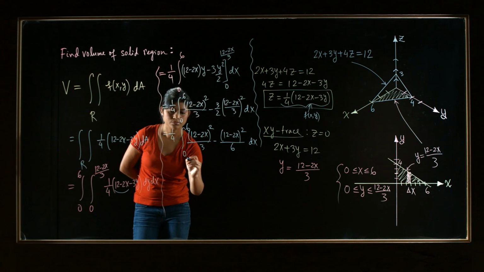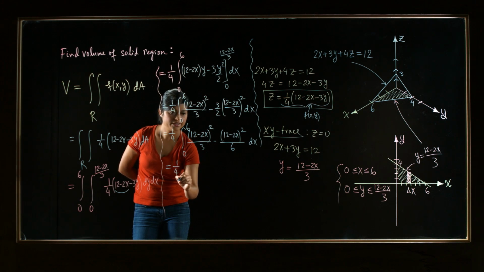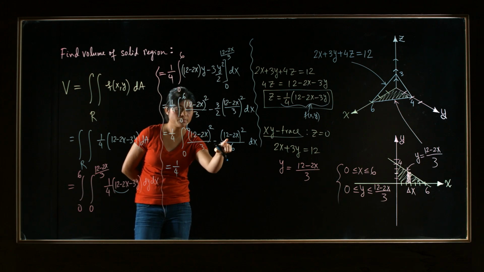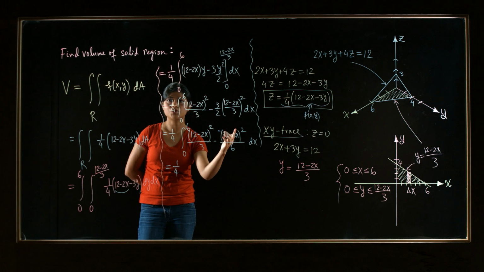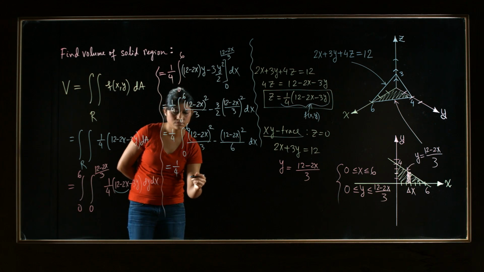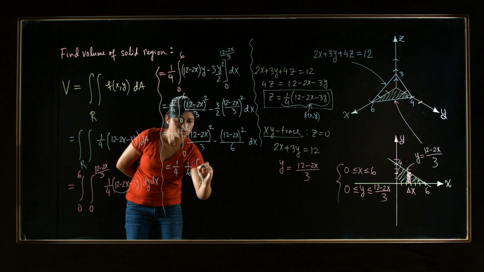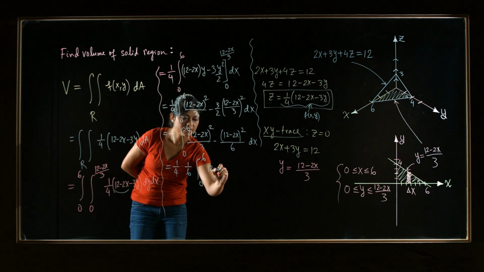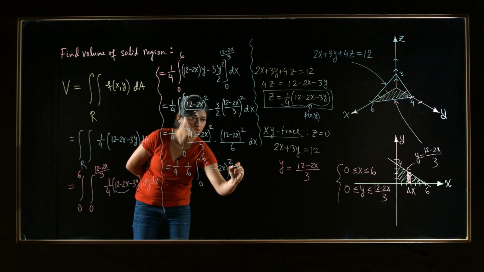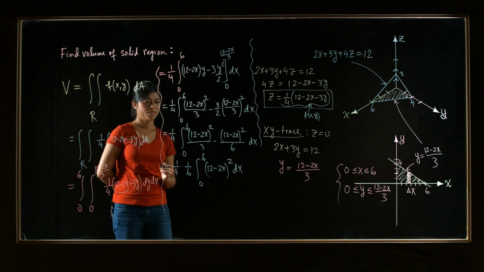Now, simplify this a little bit. This is 1/3 minus 1/6. That's just 1/6. So you can pull out the 1/6, and then 0 to 6, we will just end up having (12 minus 2x) squared dx.